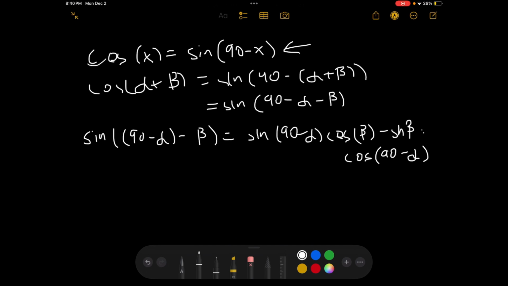So we can use this identity here again to simplify this expression.